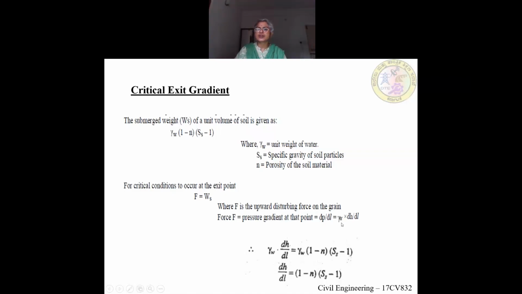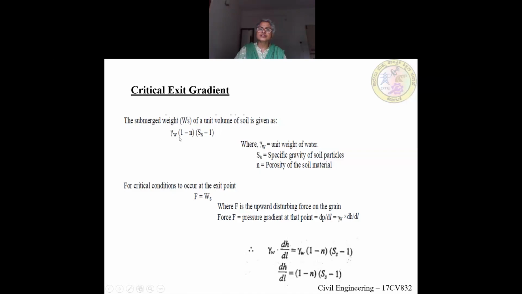That is equal to gamma W into dH by dL. So dP is equal to gamma W into dH. The pressure is equal to the density of water into the head at that particular point. So gamma W into dH by dL is the F.